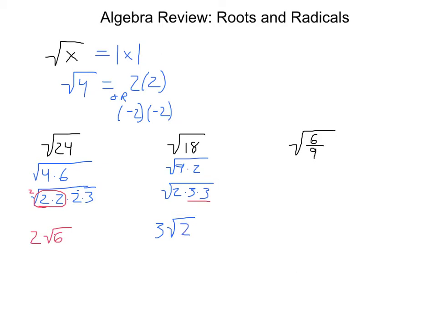The same general principle applies when we're taking the square root of a fraction: we can break it up to be the square root of the numerator divided by the square root of the denominator. Now square root of 6 we can't really do anything with, but square root of 9 is 3. So our answer here is square root of 6 over 3.